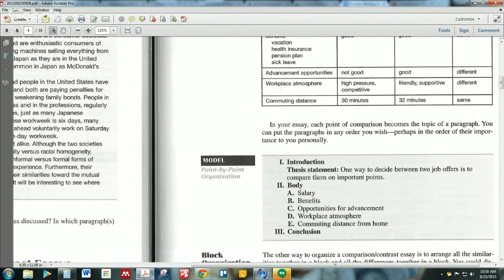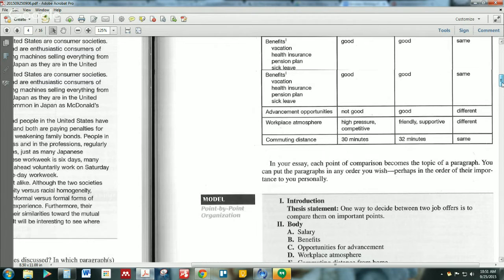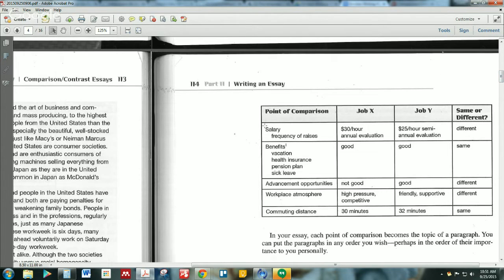You have your introduction as normal and your conclusion, but in the body, each different section will focus on a certain thing that you're comparing and contrasting. So for example, with salary, you'll talk about salary, frequency of raises.